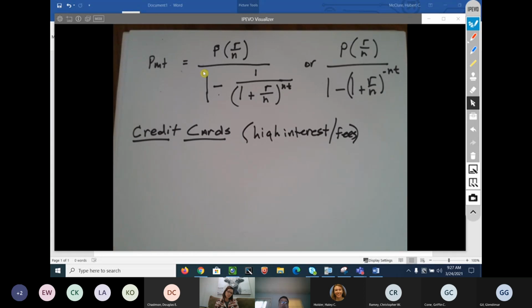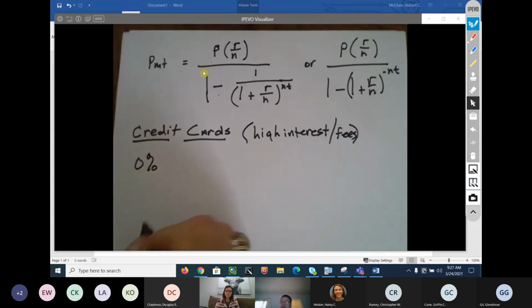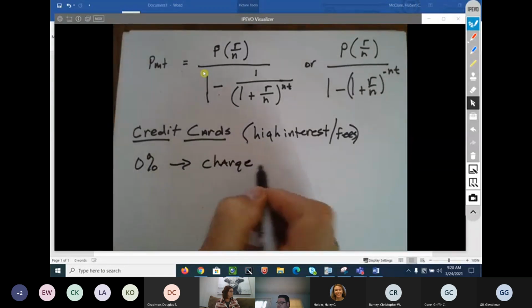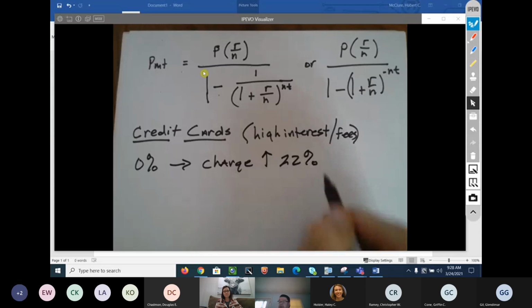Yeah, but what happens when you charge something on that credit card? It shoots up to about 22% interest. 0 until you charge something. And then when you charge something, it shoots up to about 22% interest.